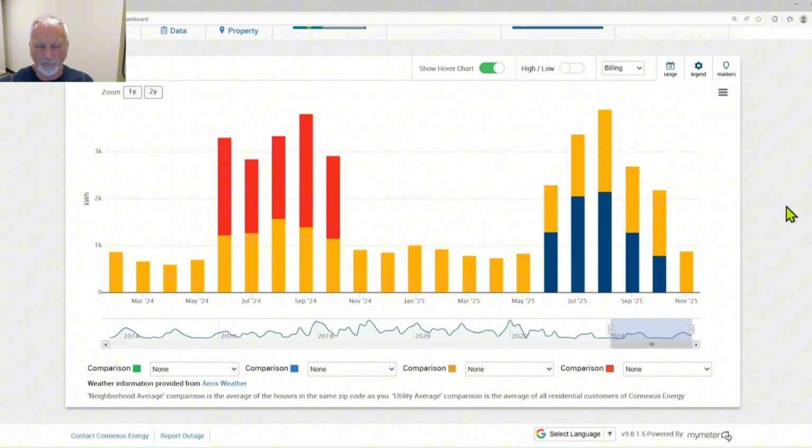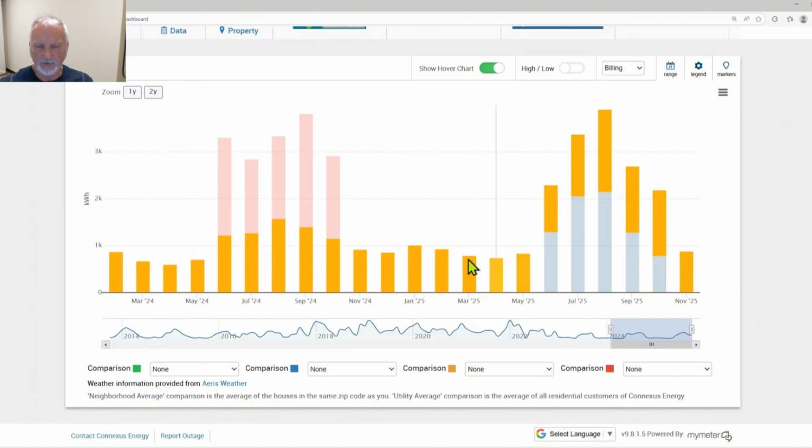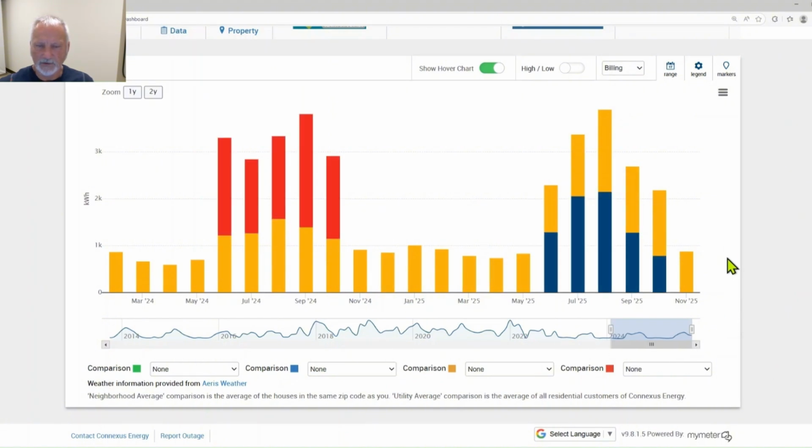So we're looking at my personal information here. This is my actual meter, actual usage, and you're seeing all the electricity that my meter has delivered to my house, I should say.